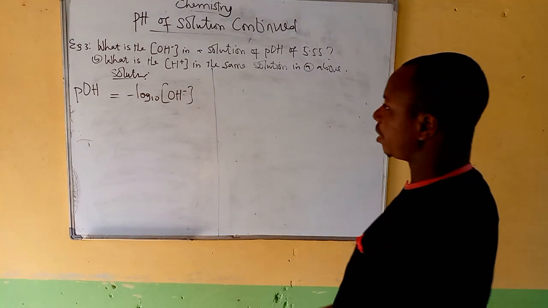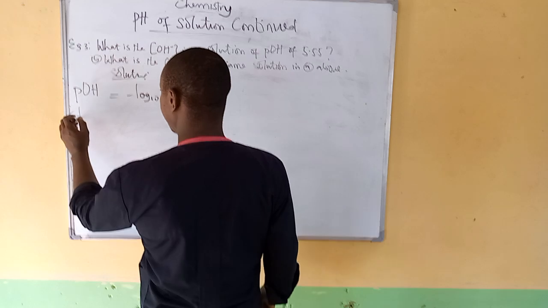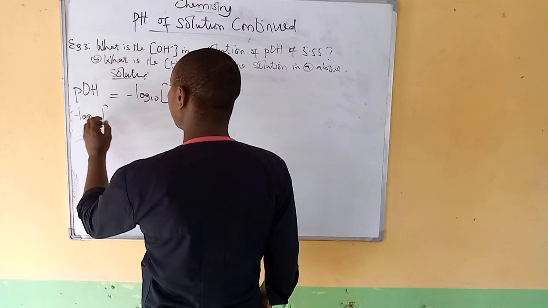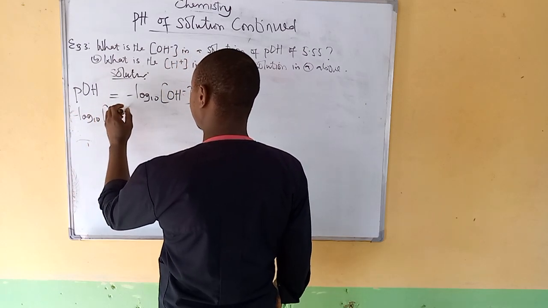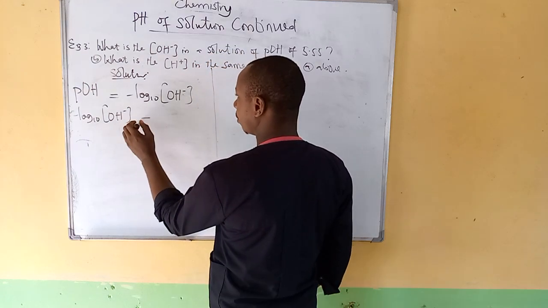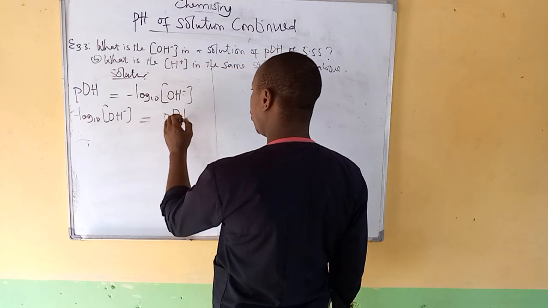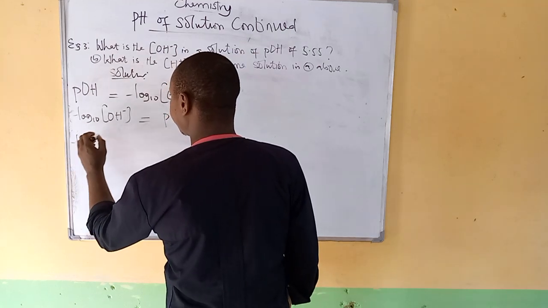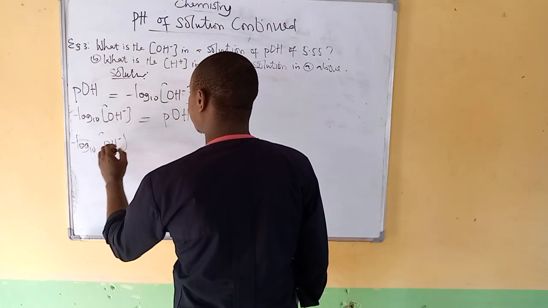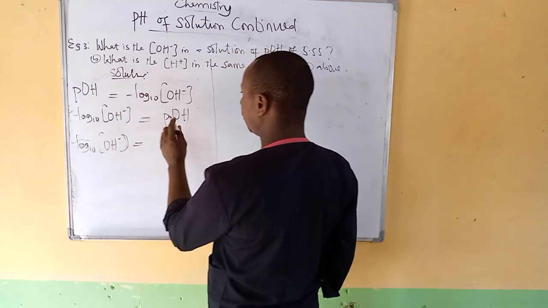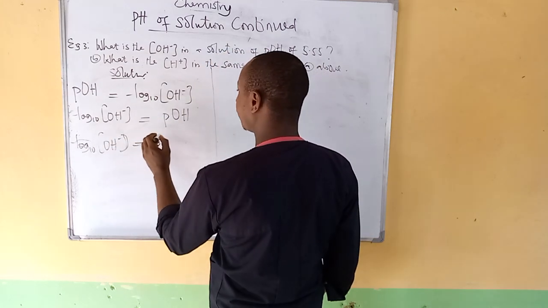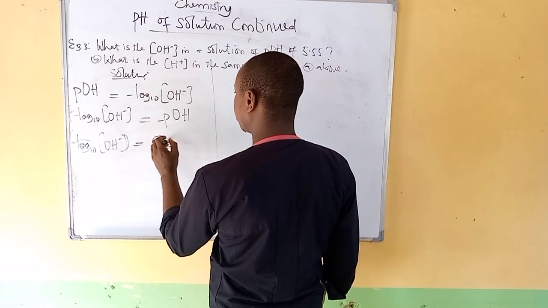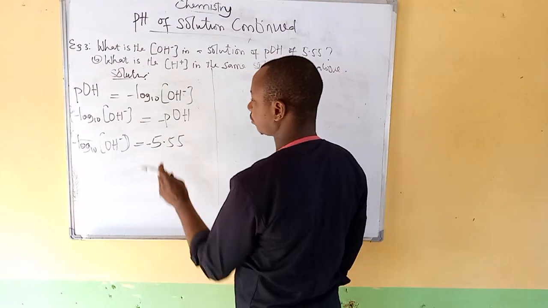So we can decide to rearrange the negative logarithm of the OH ion equals pOH. It is quite understandable that they gave us the pOH to be 5.55.